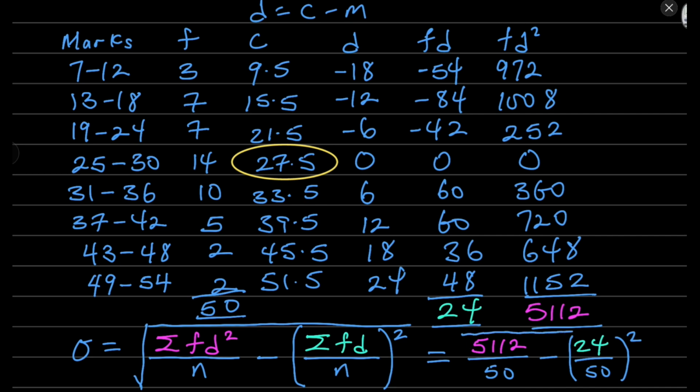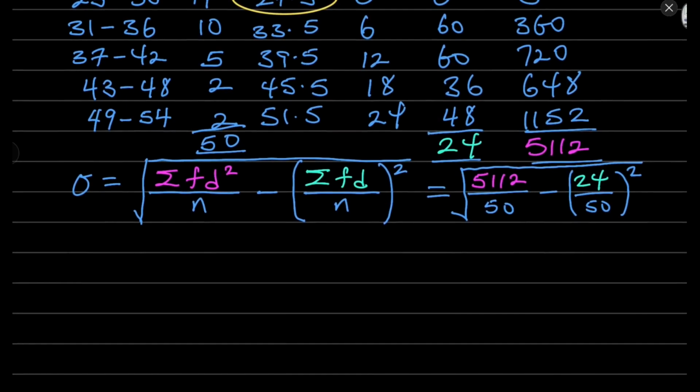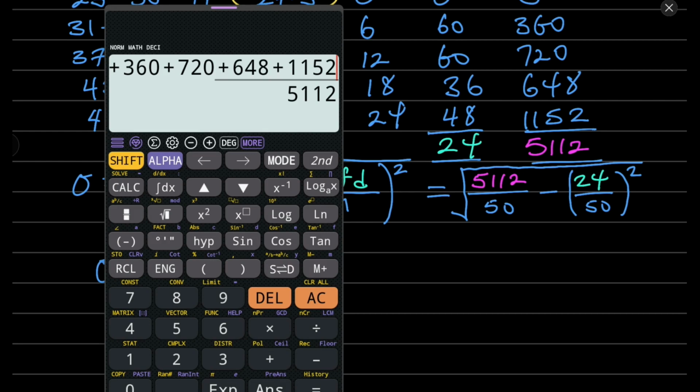Then you take the square root of everything, and then you put that in your calculator and you get your answer as well. So just punch directly into your calculator.